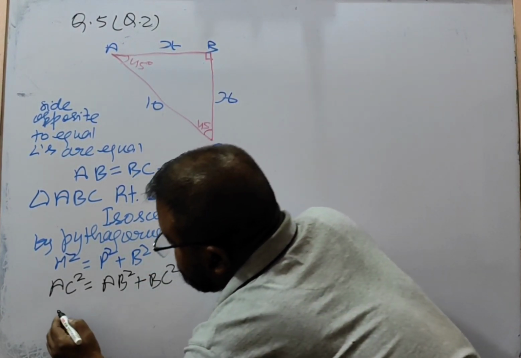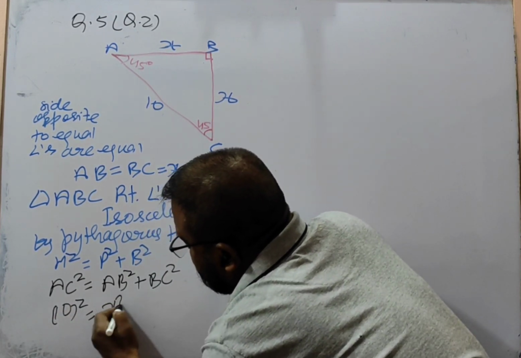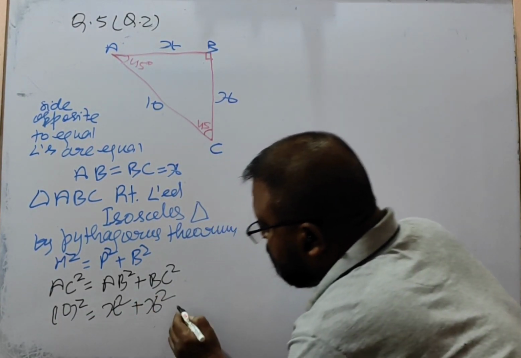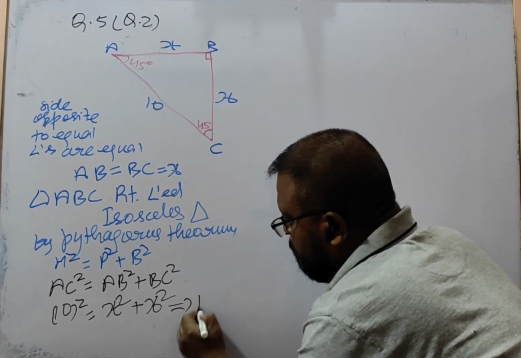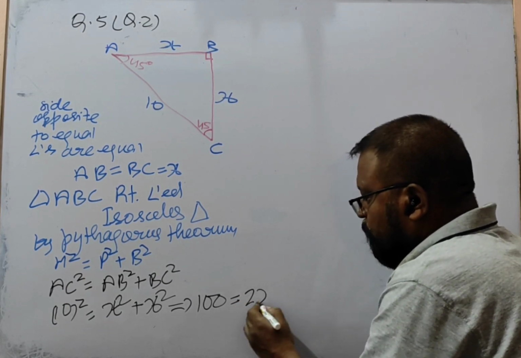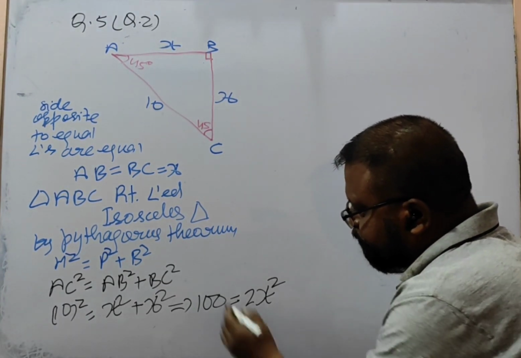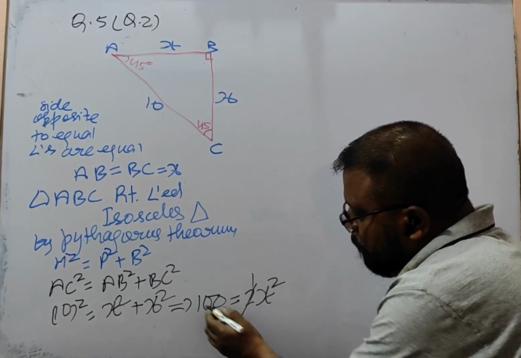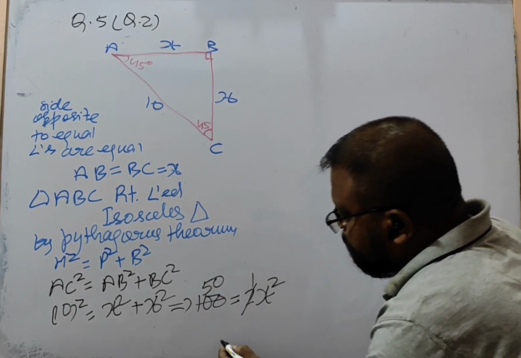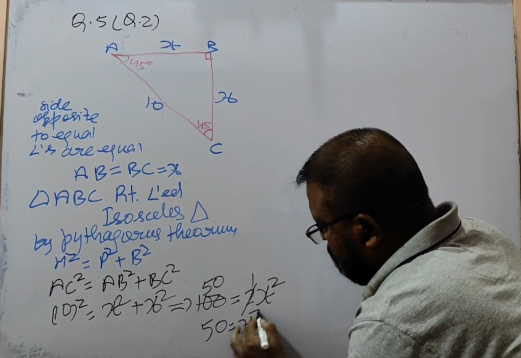So AC, 10 whole square, is equal to x square plus x square, right? 10 square is 100, so 100 is equal to 2x square. This 100 divided by 2 is 50, so we get 50 is equal to x square, got it?